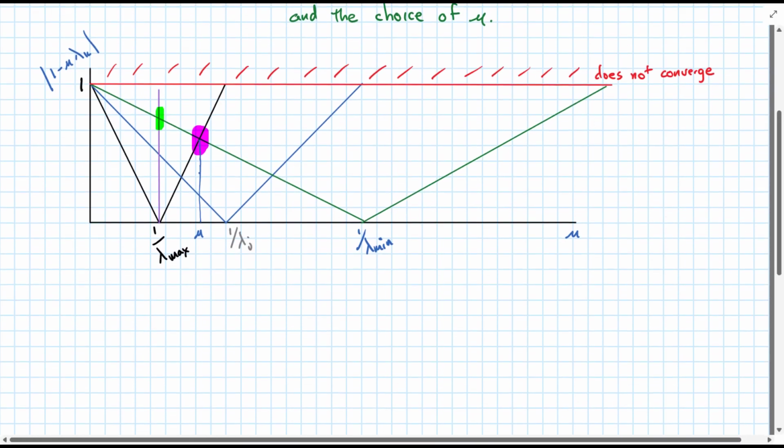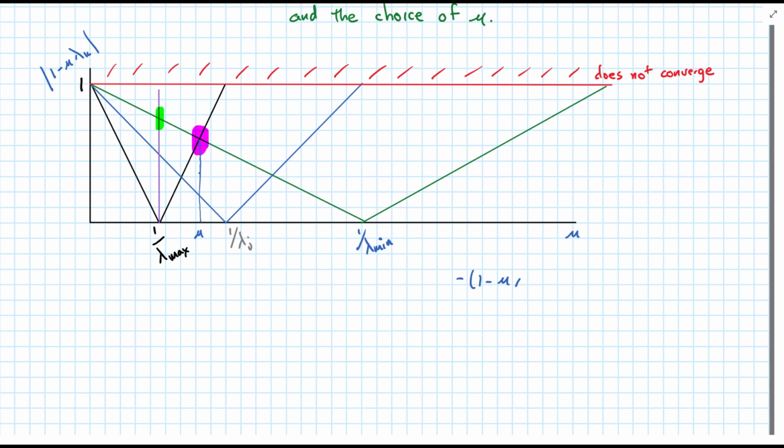So how do we find out what that point is? Just a little bit of simple algebra. It's necessarily going to be on the downward slope of the lambda min line and the upward slope of the lambda max line. So we'll have negative 1 minus mu lambda max is equal to positive 1 minus mu lambda min.